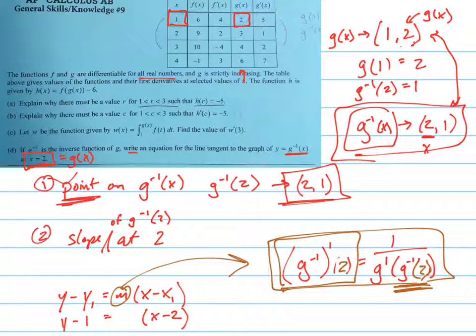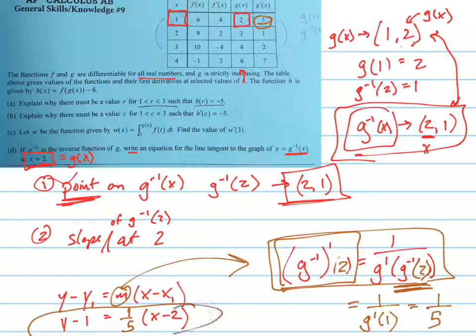What's g inverse of 2? 1. G inverse of 2 is 1. So what's g prime of 1? Go up here to your formula. What's g prime of 1? It's 5. So 1/5 is your slope. So that's the long explanation for part D on this AP Calc problem.